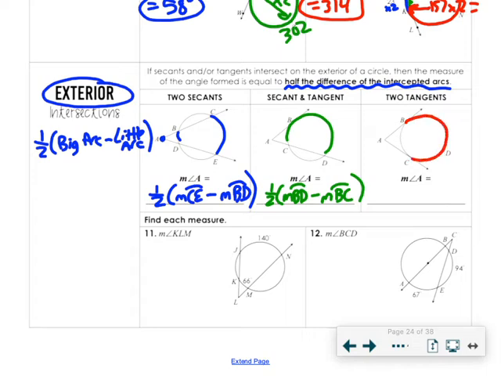So the outside angle is equal to 1/2 the big arc, which is BDC, minus the little arc, which I'll just leave black for that, otherwise it'll look like the whole thing is shaded in, BC. They all say exactly the same thing. That's the good news. They're all saying big arc minus little arc. That's what every single one of these is saying.